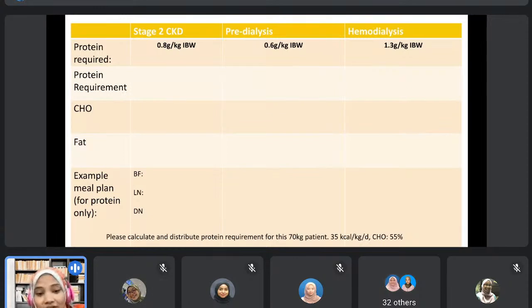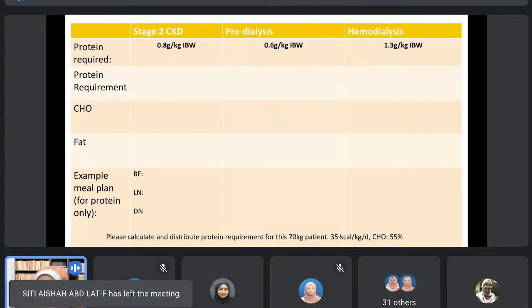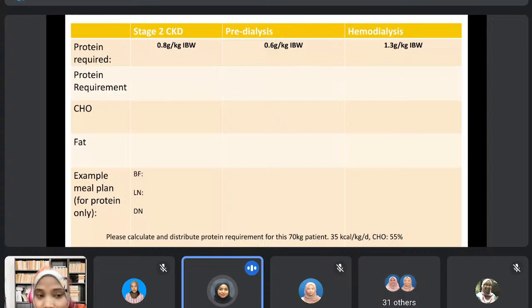Okay, how about fat? Fat ni I'm sure mesti ada perbezaan kan? Betul. Okay, fat. Syahidah Abdul Rahim. Untuk yang stage 2, fat 98 gram. 98 grams. So berapa serving? You jangan bagi directly tau.